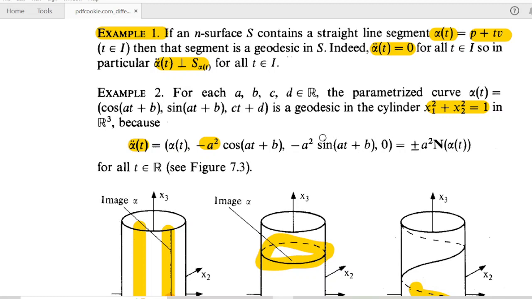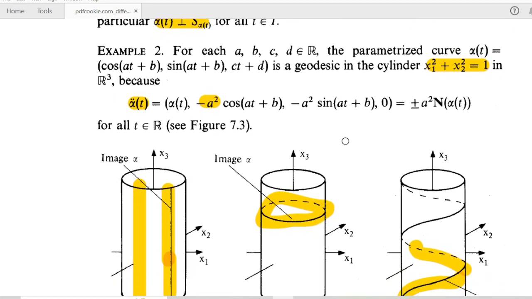That is equal to 0. So directly, if we do the dot product we get 0. So we can say that for all values of t the expression is perpendicular to alpha dot of t, therefore this is a geodesic.